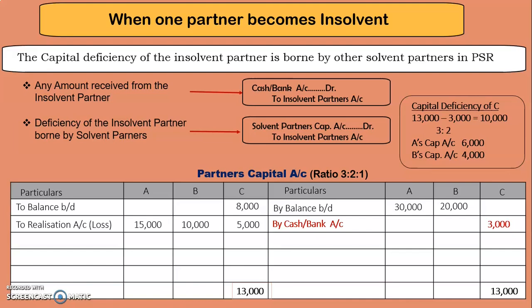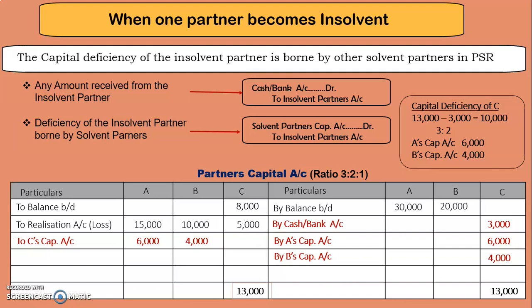So the deficiency of 6,000 which is borne by A, we pass the entry as A's capital account debit to C's capital account 6,000, and the deficiency of 4,000 which is borne by B, B's capital account debit to C's capital account 4,000.